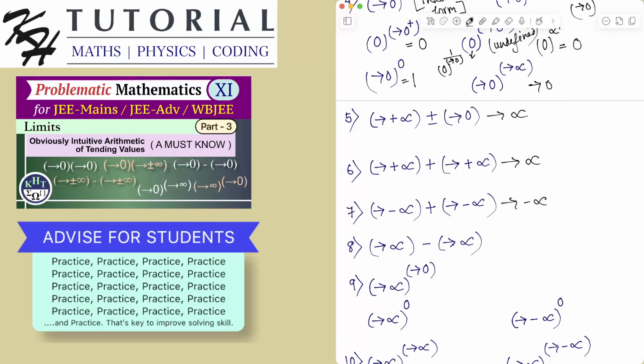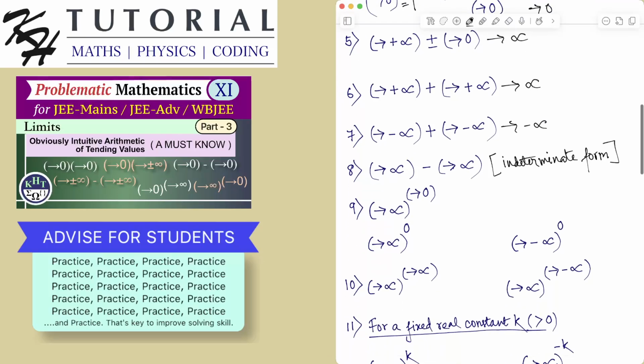Now infinity minus infinity is an indeterminate form. I will specifically address the indeterminate forms in a separate video, and how to solve limit problems which are in the indeterminate form. So infinity minus infinity is an indeterminate form.